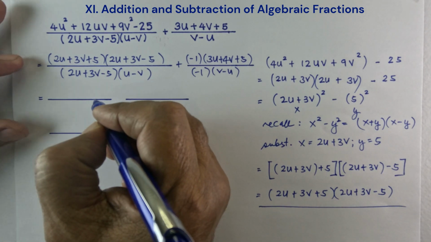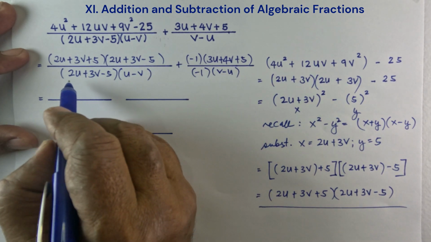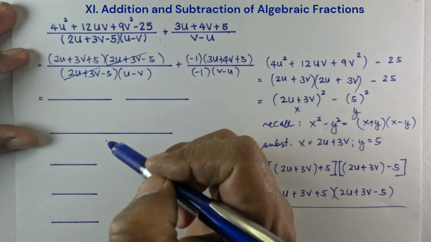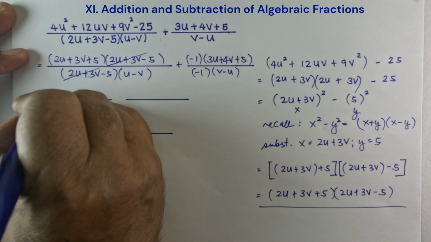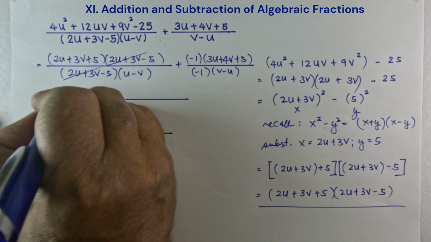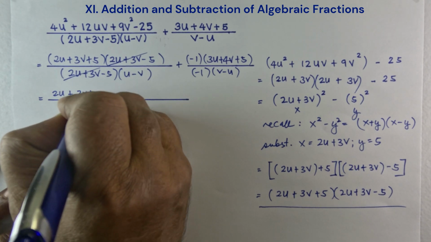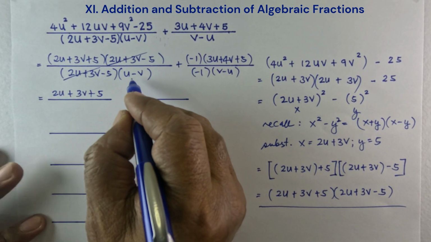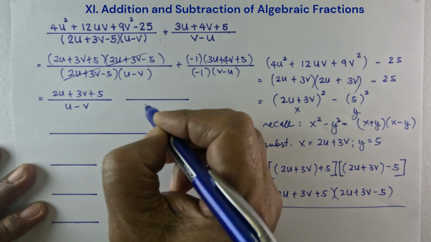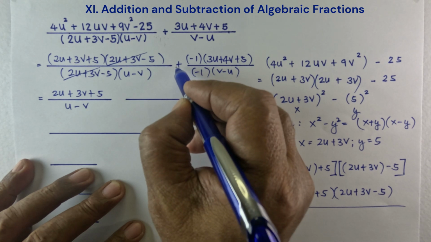So let's simplify this. We have 2u plus 3v minus 5 over 2u plus 3v minus 5. So we can cancel that out. So what's left is this. That's 2u plus 3v plus 5 over u minus v. Now, minus 1 times plus is minus.